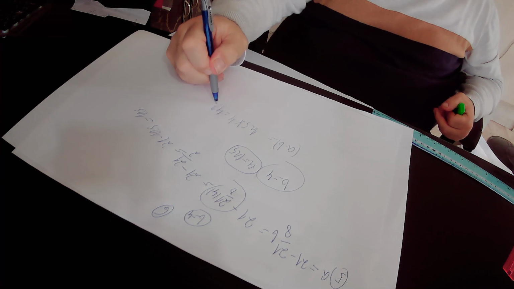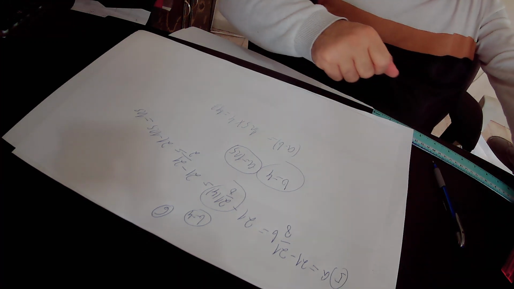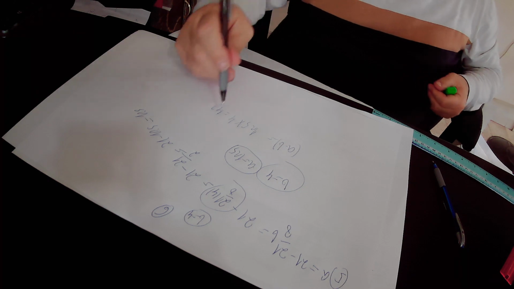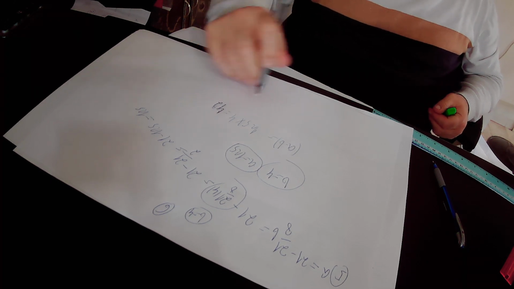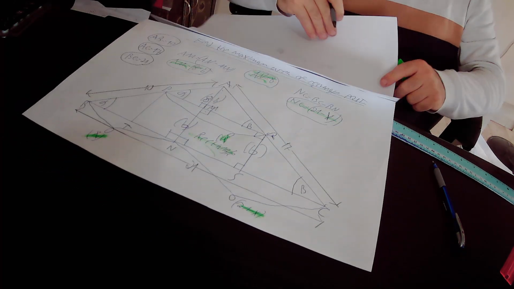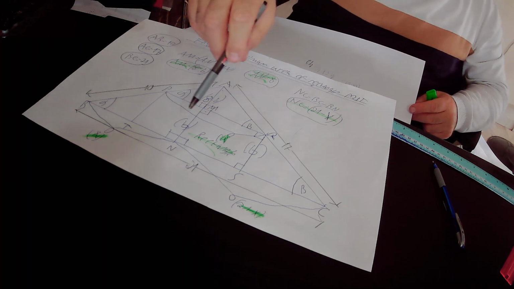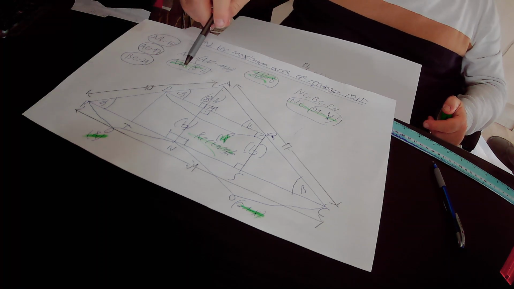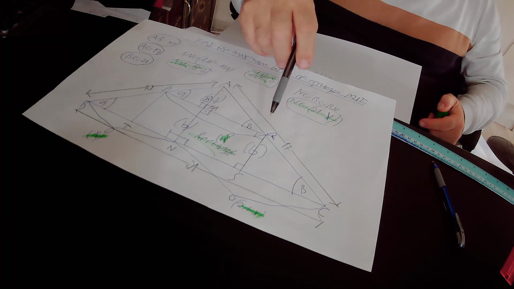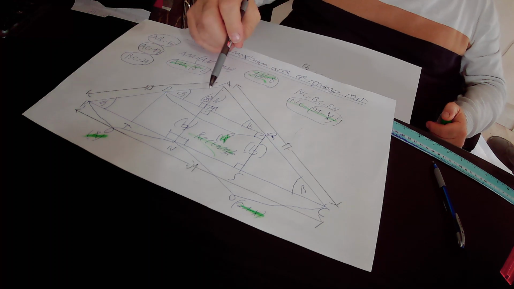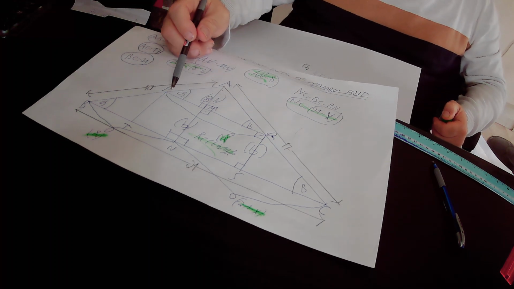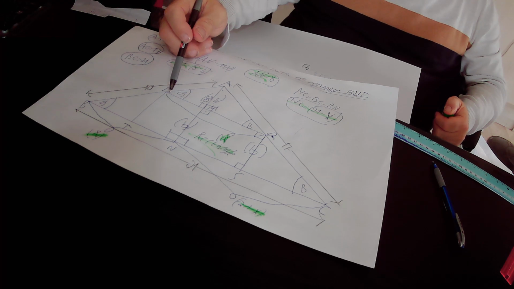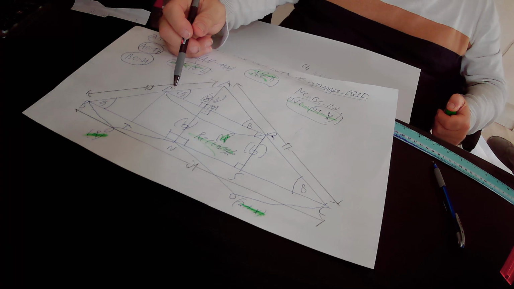So in conclusion, the maximum area of this rectangle PQST is 42 square units, and when the area is maximum, its width is 4 and its length is 10.5, and 4 times 10.5 is of course equal to 42 square units.